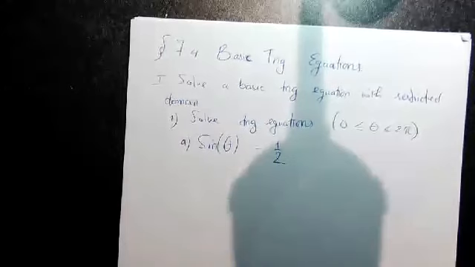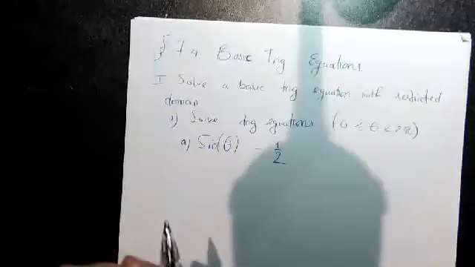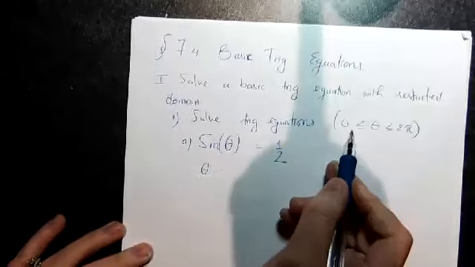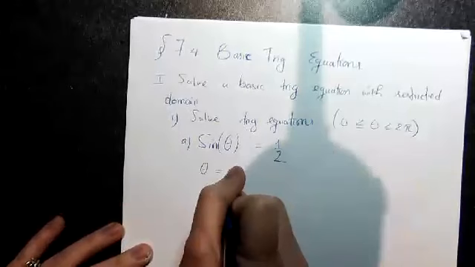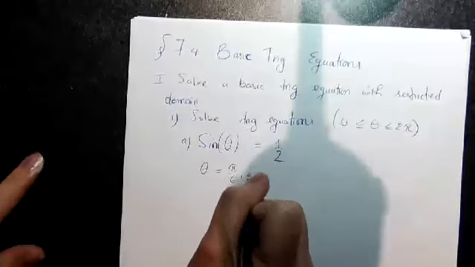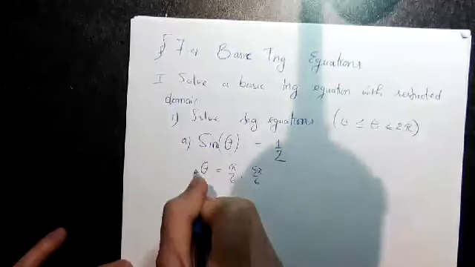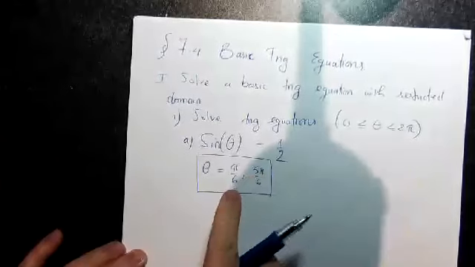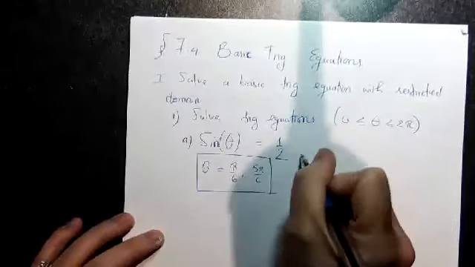If you look on the unit circle, I have pi over 6, right? One more, there's the second quadrant. Between 0 and 2 pi, I see the two solutions, pi over 6 and 5 pi over 6. Two solutions. You did this before.